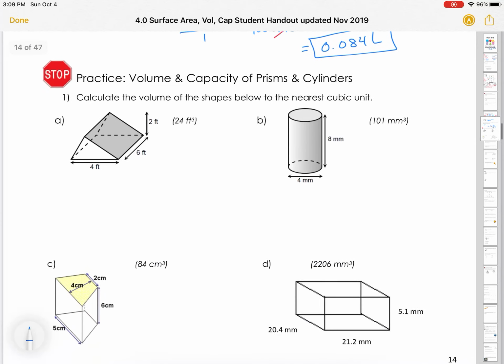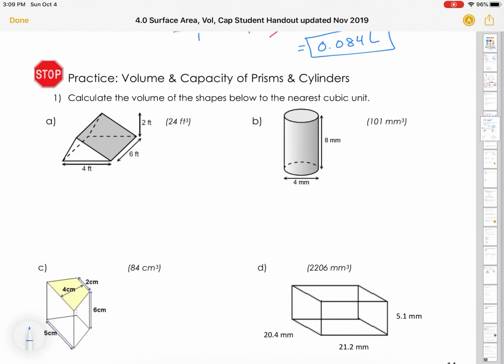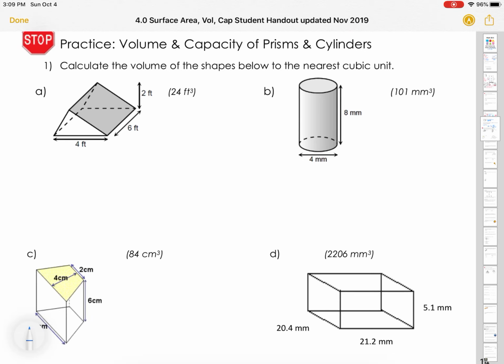Now you have some practice work here to find the volume of the shapes below. So you need to look at what they are, figure out whether we're dealing with a triangular prism, a cylinder, a rectangular prism, or if you look at number C, you've got a trapezoid.